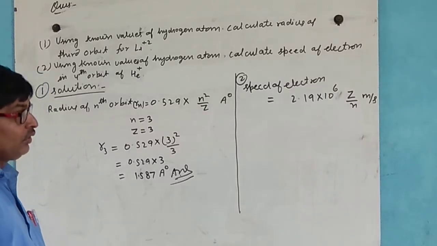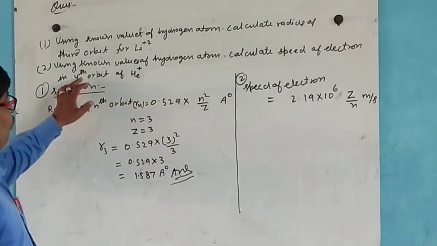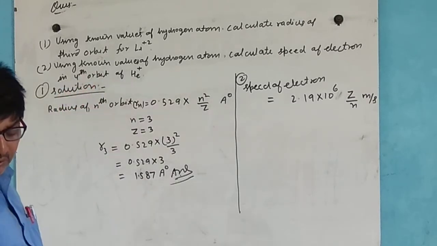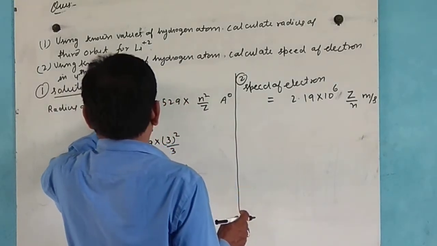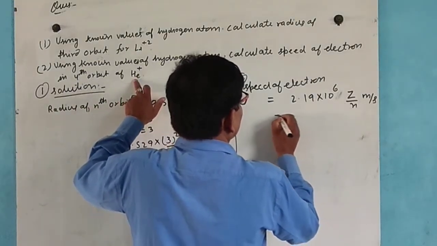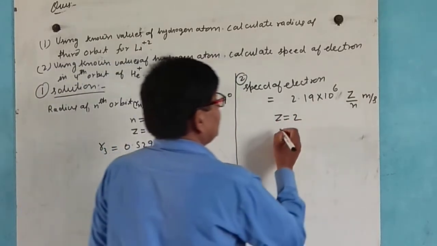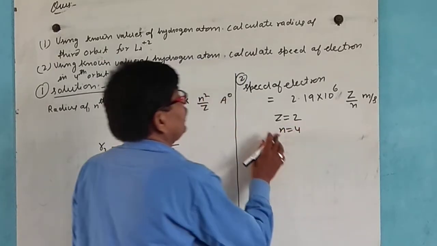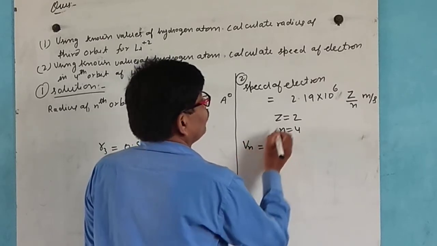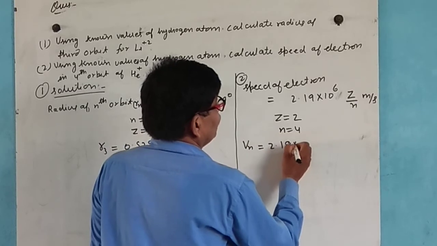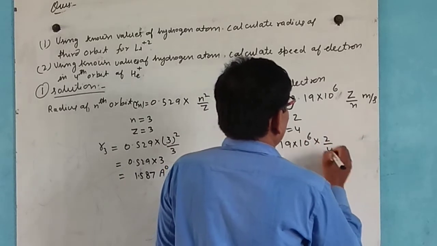Now here, using known value of hydrogen atom, speed of electron in fourth orbit. Here Z equal to 2 for helium, and fourth orbit, n equal to 4. Putting this here, speed V equal to 2.19 into 10 to the power 6 into Z by n, that is 2 by 4.